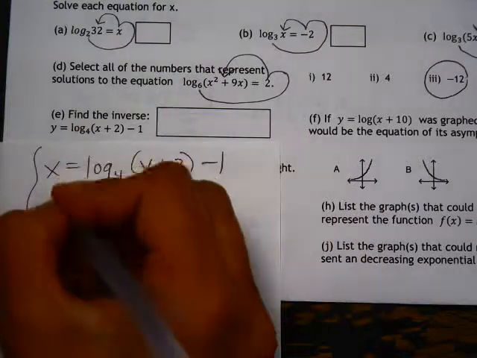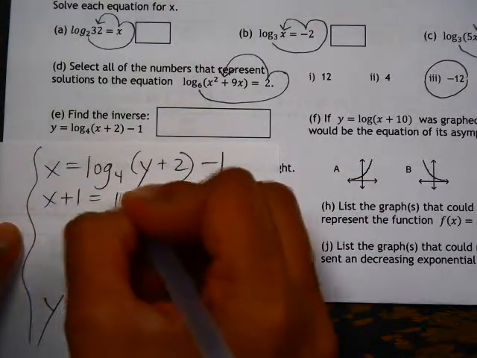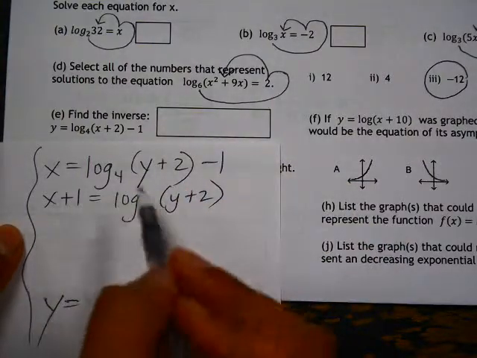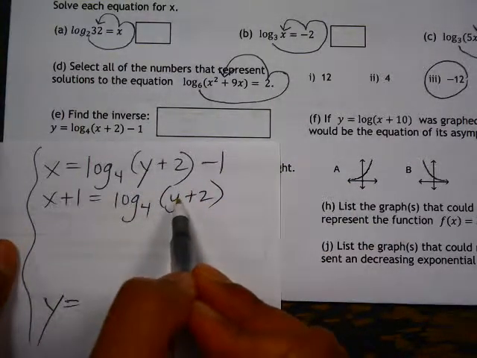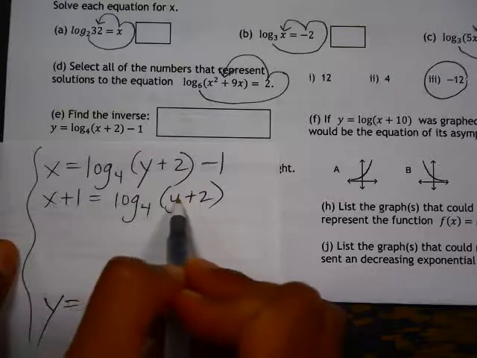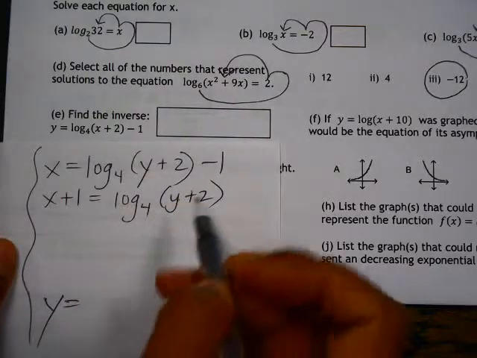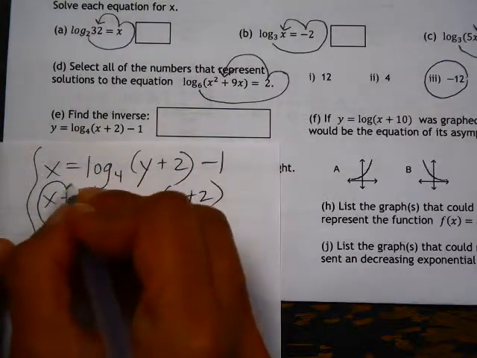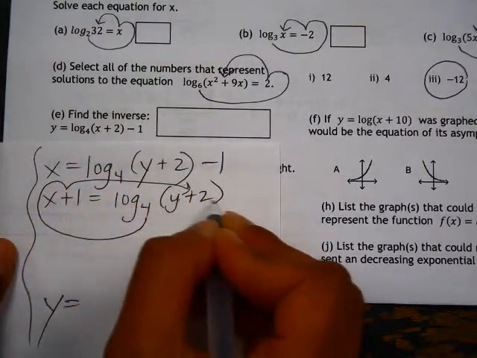So first I'm going to add the 1 over. Now if I'm trying to isolate y, I have to rewrite this in exponential form. So 4 to the power of x plus 1 is going to equal this expression.